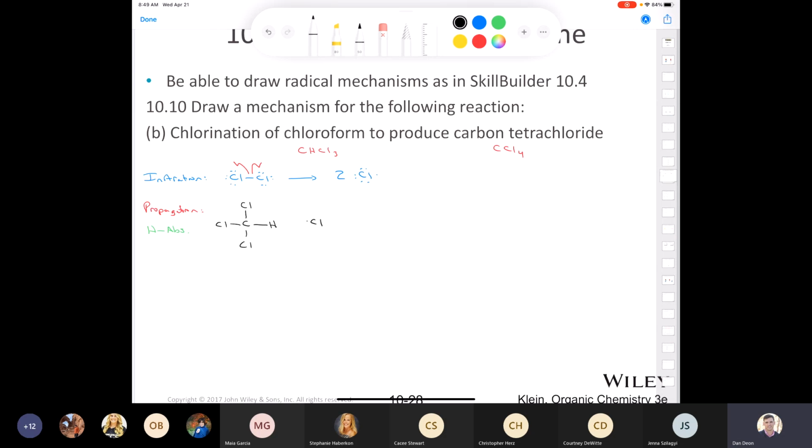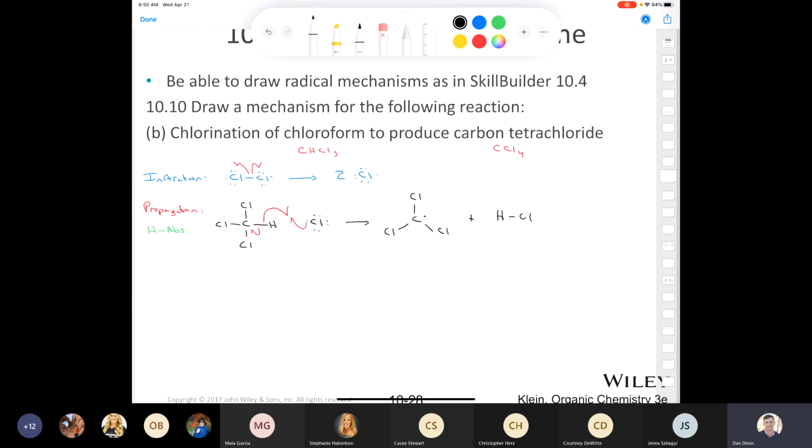We have our chlorine radical like this. We're going to abstract a hydrogen. So we're going to create a bond to make HCl. We're going to form the CCl3 radical. So let's draw that. We end up with our CCl3 radical like this plus HCl.